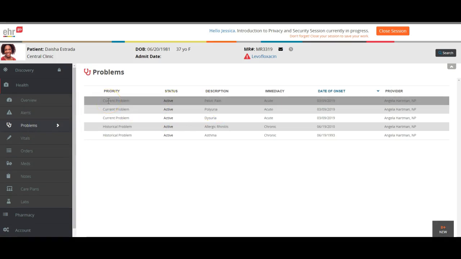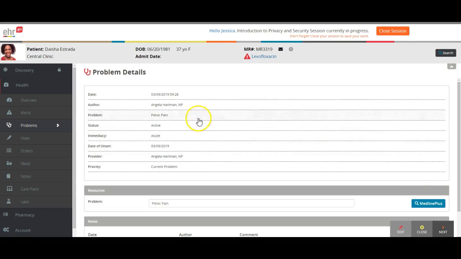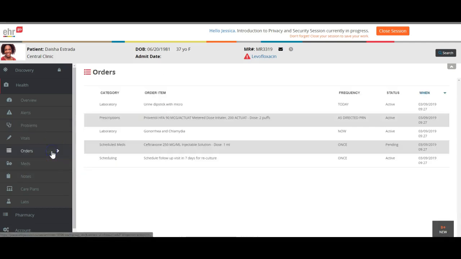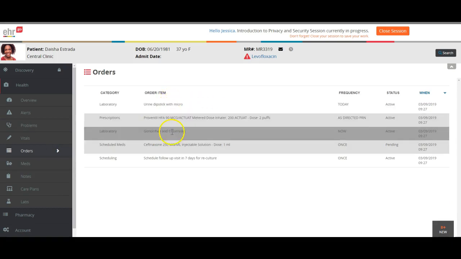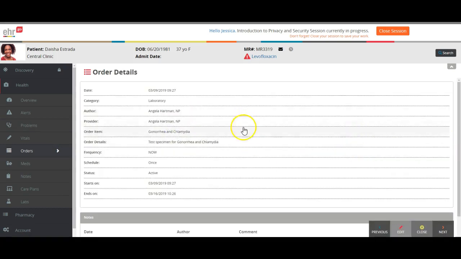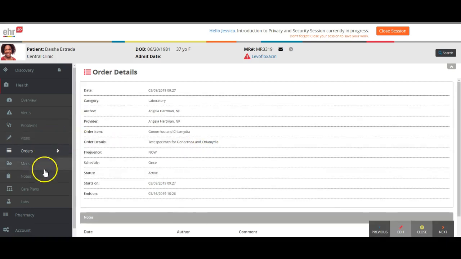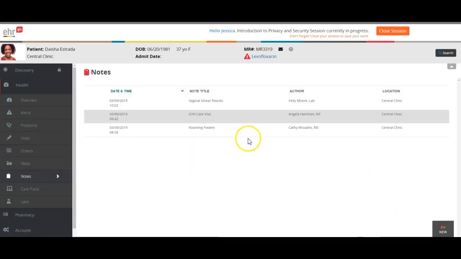that her current problem is that she has pelvic pain, and that she was tested for gonorrhea and chlamydia. There's her vaginal smear results.